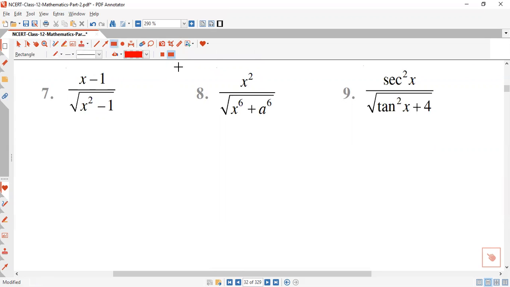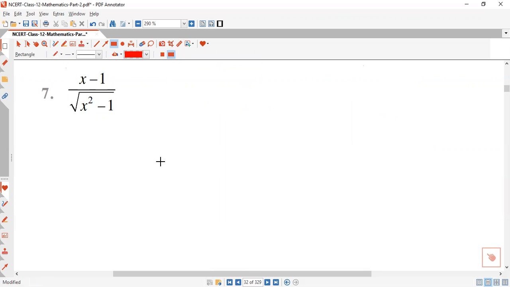In question number 7, we have a linear function in the numerator, and in the denominator we have under root of x square minus 1. We know the formula for under root of x square minus 1.